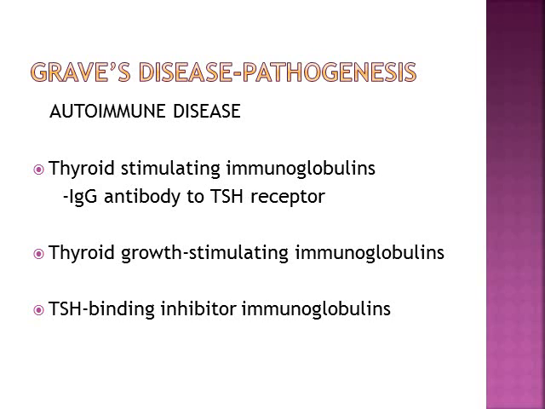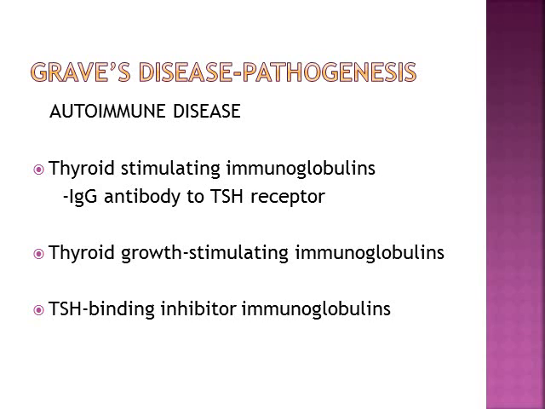In some of the mice studies, they inject the TSH receptor into mice having a genetic mutation associated with HLA-DR3, which is associated with Graves' disease, and they develop autoantibodies against the TSH receptor and Graves' disease progression. So HLA-DR3 is associated with Graves' disease.